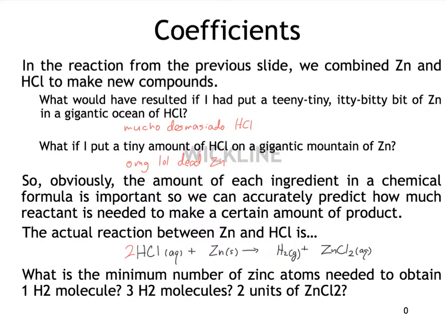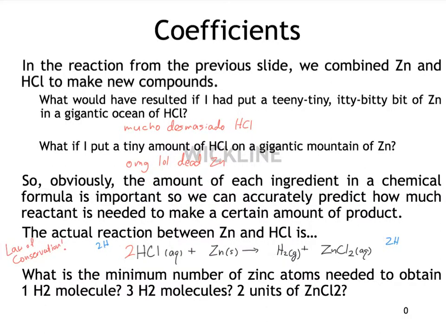It's saying that there are 2 molecules of HCl, but it's also applying to the H and the Cl, of course. So it's saying that there are 2 atoms of hydrogen on the left. And if you come over to the right, you can see that there are only 2 atoms of hydrogen. So if we had left the 2 out of the HCl, it wouldn't be showing that there were equal amounts of hydrogen on the left and the right, which of course is true based on the law of conservation.